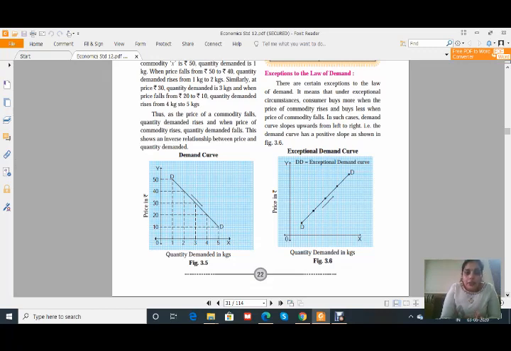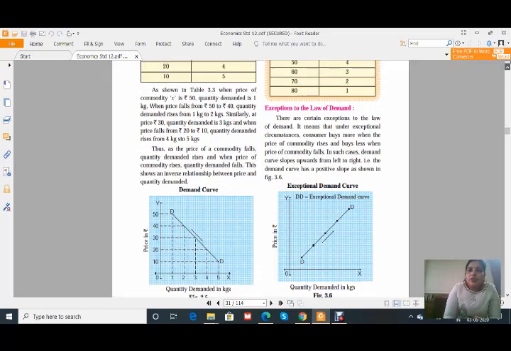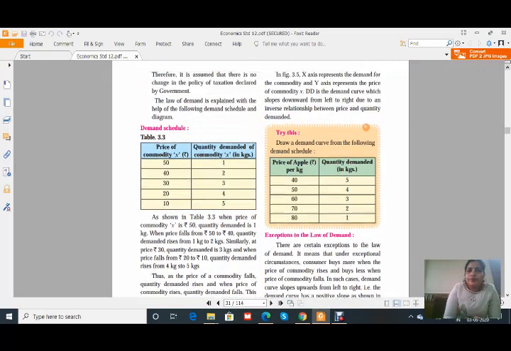After this, explanation of the diagram is also required. You have to explain that on the y-axis we have taken price in rupees, and quantity demanded in kgs. All this you have to write and draw this diagram, and after that explain it.